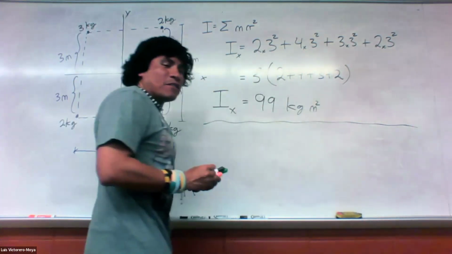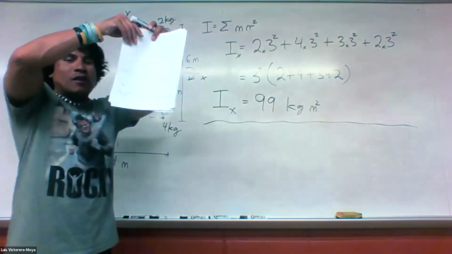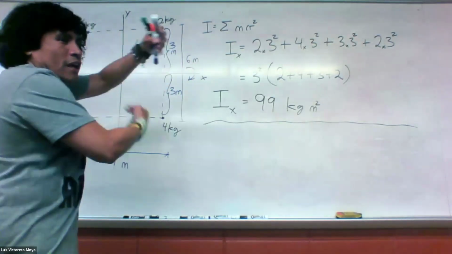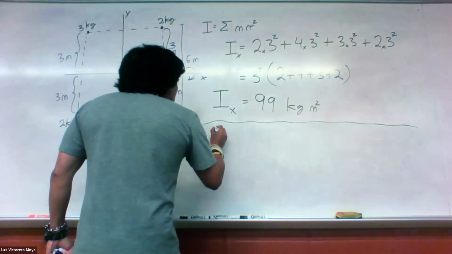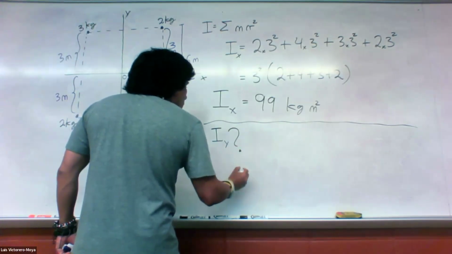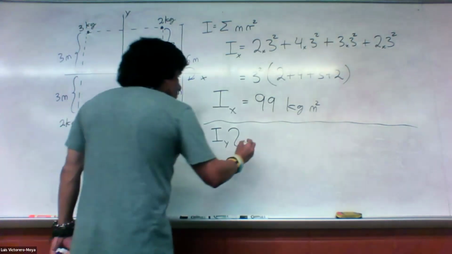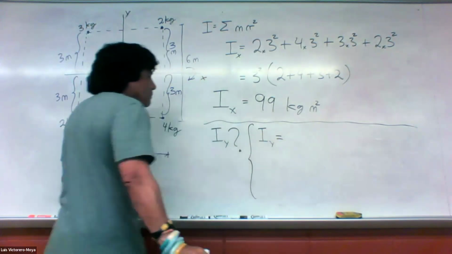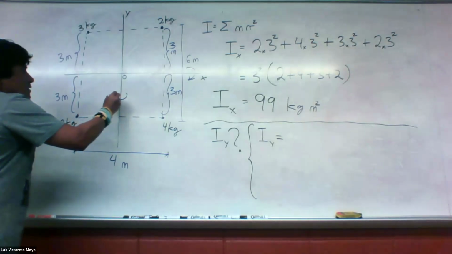But what about the y-axis? What if the four masses were to do this? Right? If they were to do a rotation with respect to the y-axis. How will you find I due to the y-axis? All right? What will you do? Now this is the axis of rotation.